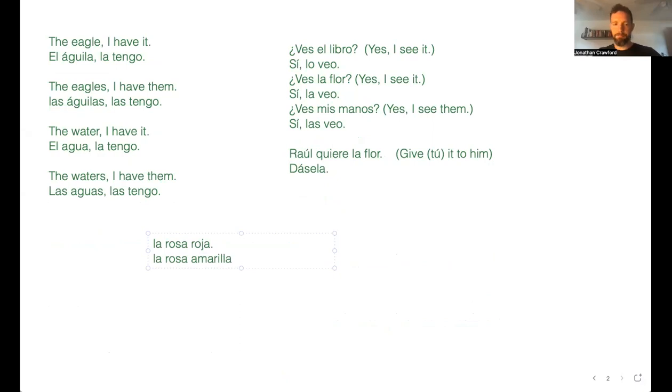La rosa amarilla. Let's say las rosas rojas. Or las rosas amarillas. Las rosas amarillas. These don't need periods because that's technically not a sentence. Remember, a sentence has to have a subject and a verb. This just has an article, a noun, and an adjective.